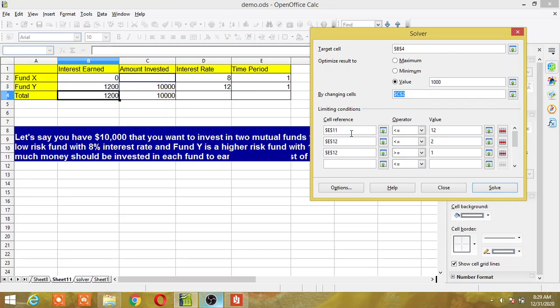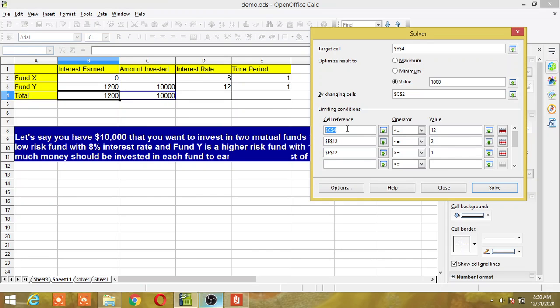Now let us give the condition here. For this condition, I'm taking cell C2 only because I want to give a condition that the amount I have invested should not go beyond this 10,000, because I have only 10,000 in my hand. So I'll give the condition as it should be less than or equal to, what amount? The amount I have saved here, that is C4.